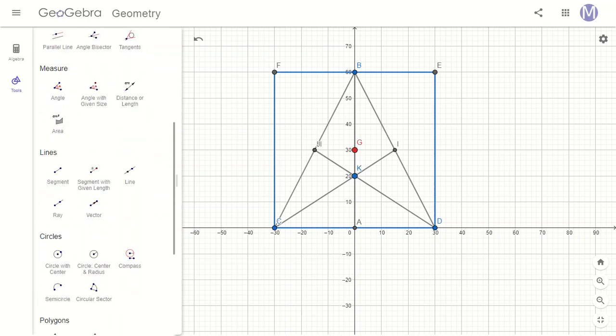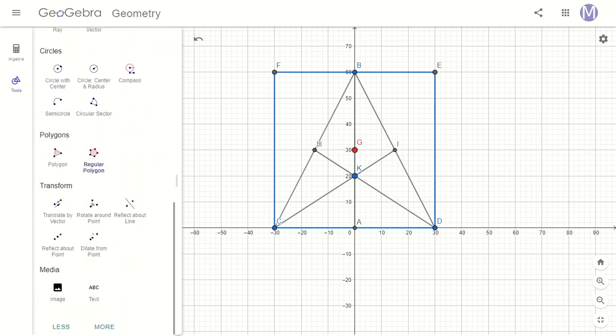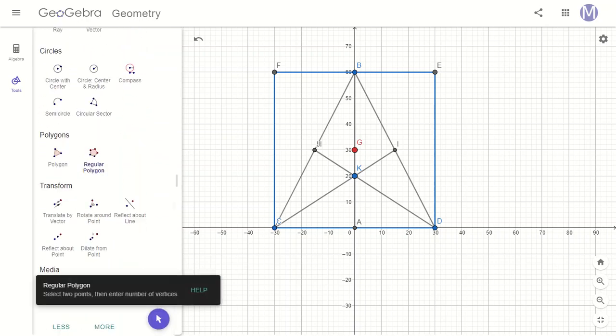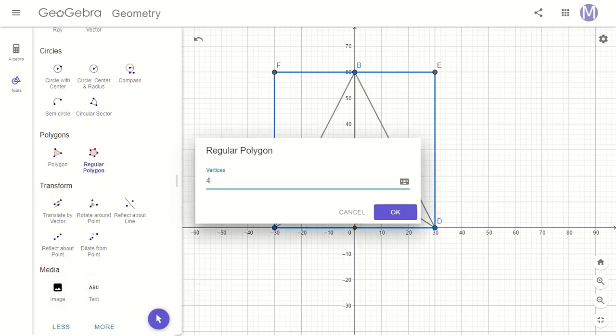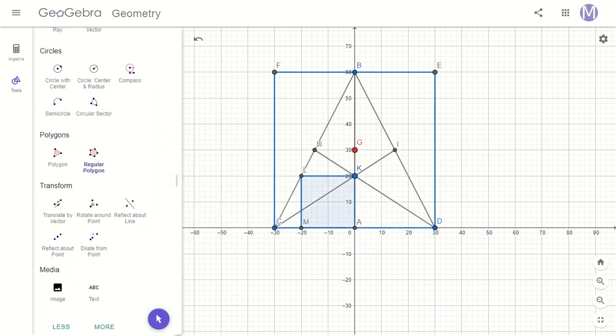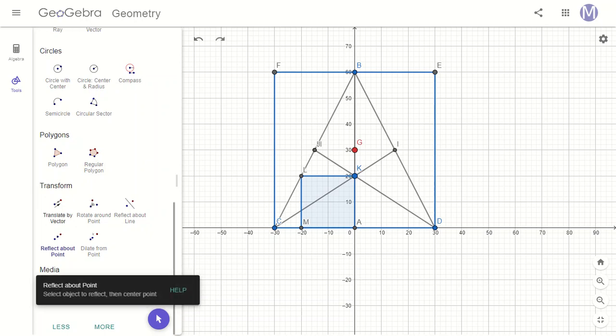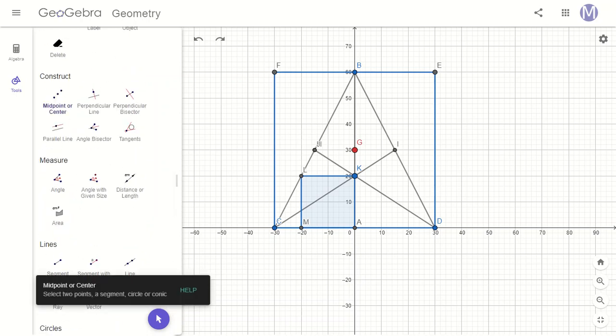First, we create a square because that's how we are told that we find phi. So we'll create a square, and I'm going to throw it in there. I'm going to find its midpoint. Everything is looking great so far.